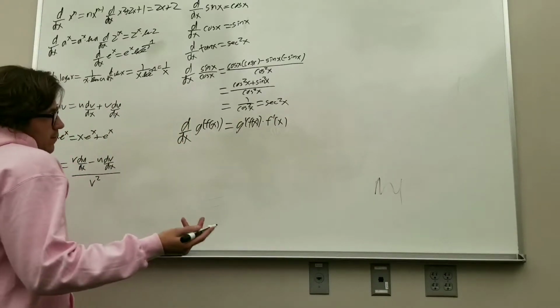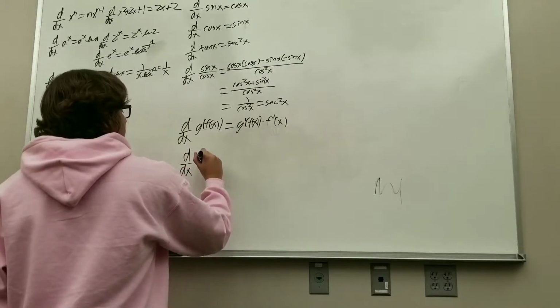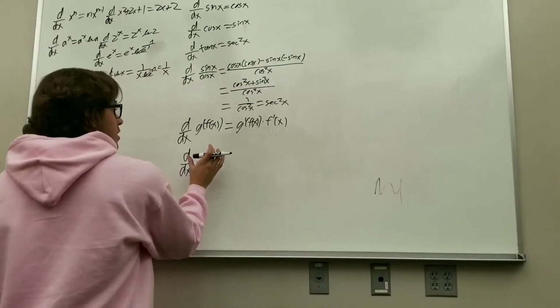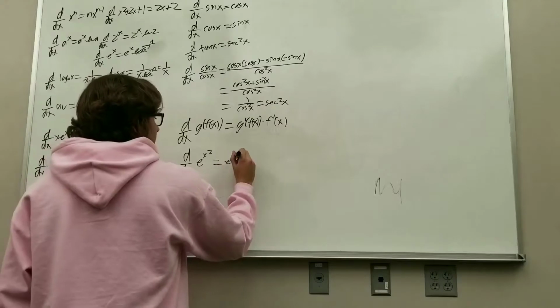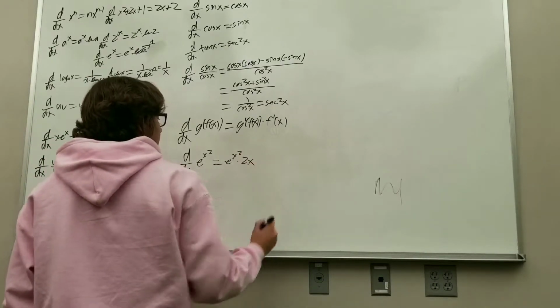And so an example of this would be if you want to take the derivative of e to the x squared. This is going to be the derivative of the outside, which is kept the same, so e to the x squared, times the derivative of the inside, 2x.